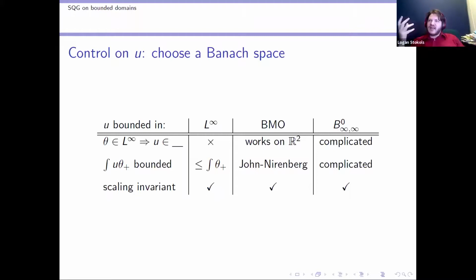If you have something bounded in L infinity and B0 infinity infinity, is this integral of u theta plus bounded? Kind of. It's bounded in a very weak sense, and it's hard to take advantage of that, but it can be done. I'm going to go into a little more detail on how you actually get this bound, but that's the ball game.